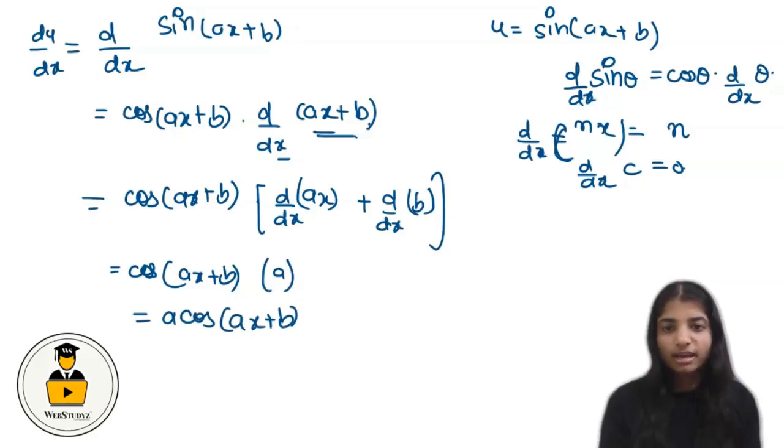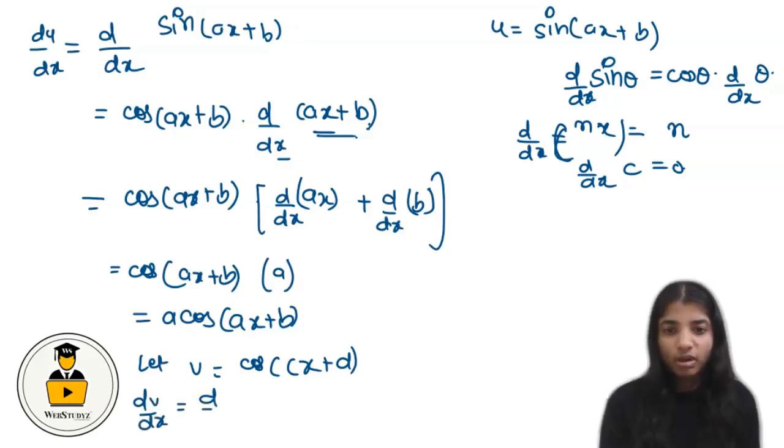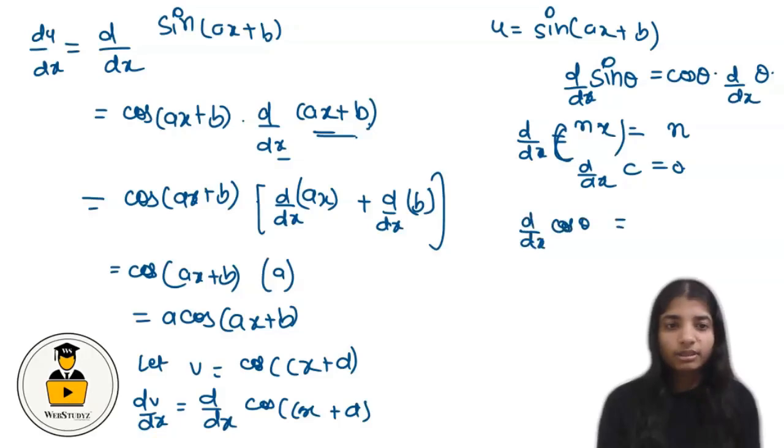In the same way, let v be the denominator, that is v = cos(cx + d). We have to find the differentiation, so dv/dx is equal to d/dx of cos(cx + d). We know that d/dx of cos(theta) is equal to minus sin(theta) multiplied by d/dx of theta.